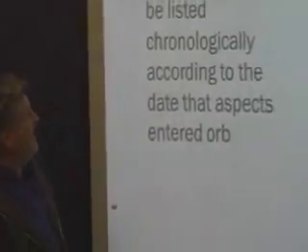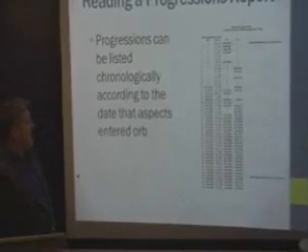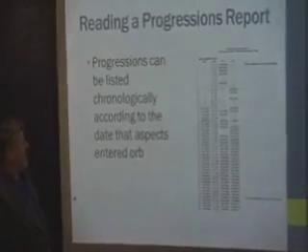So, this is what a progressions report looks like. Yes, those of you online, I imagine this is just one blur to you, but don't worry about it. We'll work in theory, and then towards the end of the class, we're going to do our hands-on experience of looking at a chart. But basically what's happening here, we can list aspects chronologically.